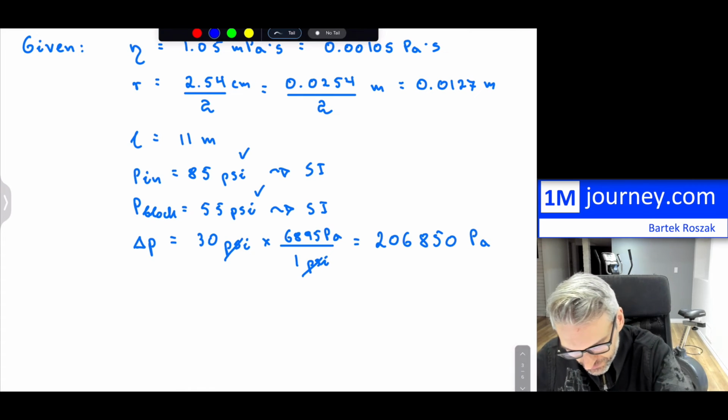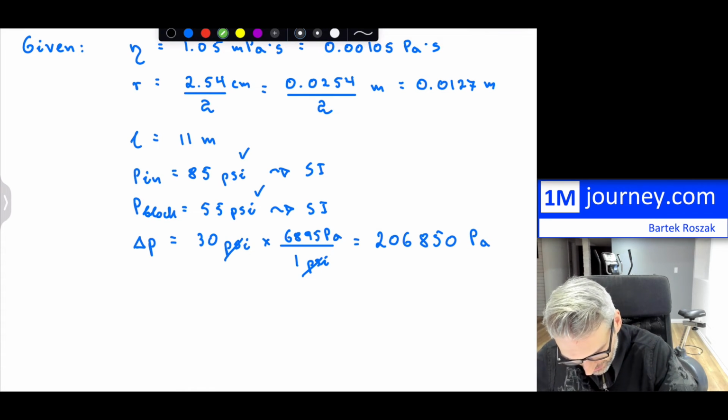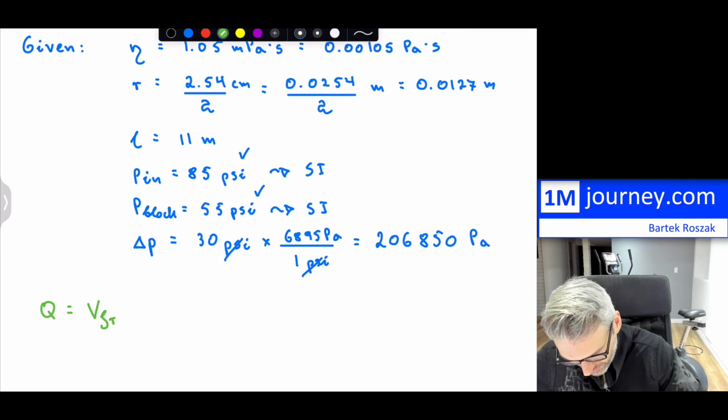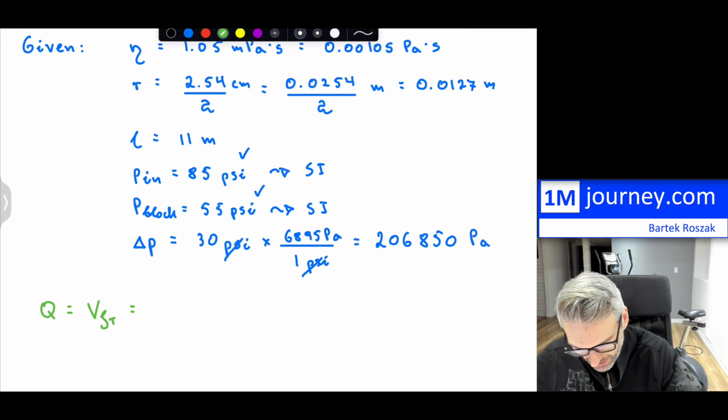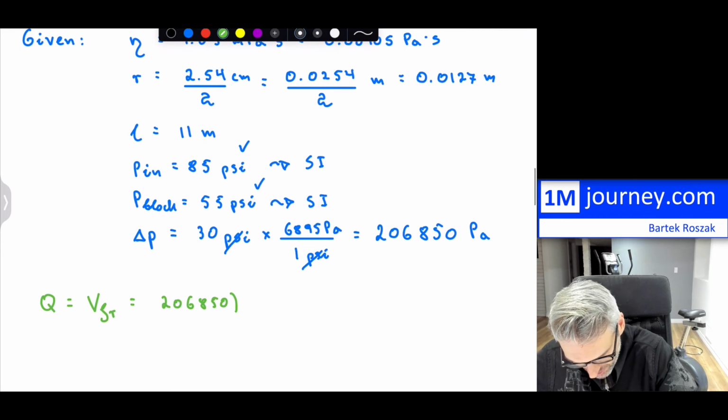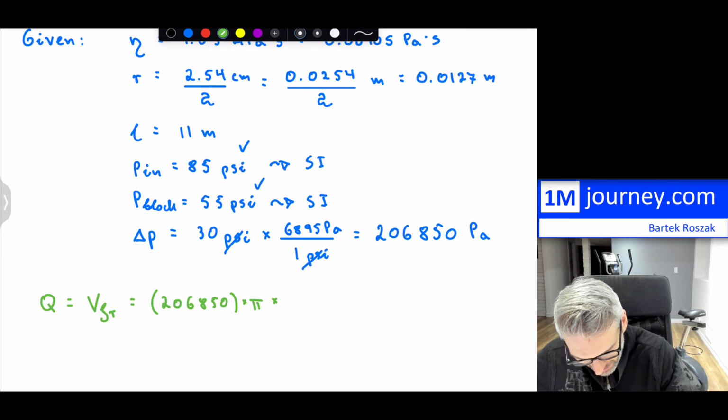Now let me change the color in here. The volume flow rate, sometimes this is designated as Q. It depends. I like to just write volume flow rate as it is. It doesn't really matter what you call it. Here we have the change in pressure, which is 206,850, multiplied by pi, multiplied by the radius, which is 0.0127, to the 4.